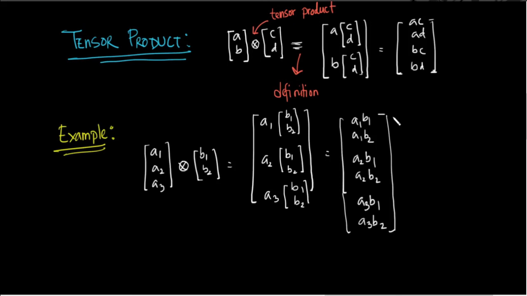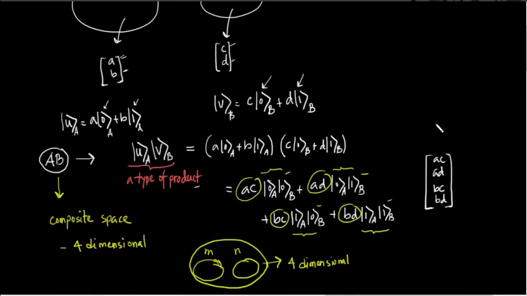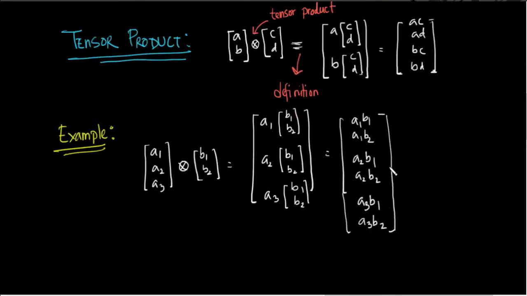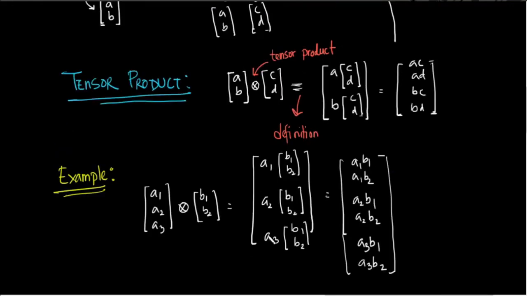So using tensor product we can find the components of the vector in a composite space if we know the components of the vector of the individual spaces. Since we can form the vectors of a composite space using the tensor product of the vectors of individual spaces, at least for the examples that we saw, a composite space is also called a tensor product space.